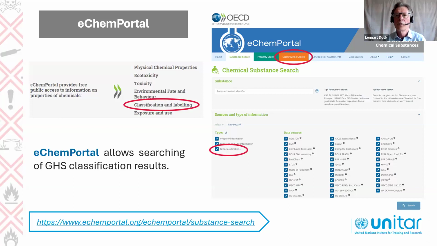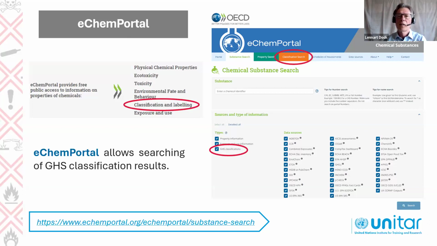However, if you go to the OECD eChem portal, and there's more about this in the material UNITAR provided, there is a link to classification and labeling, and there you can go to GHS classification. Here you can get into some databases that provide information on classification according to the GHS.